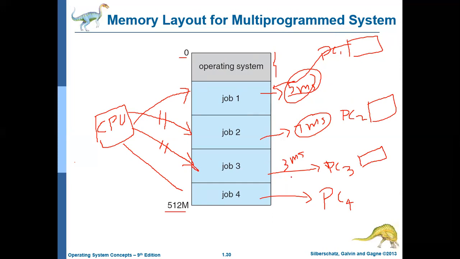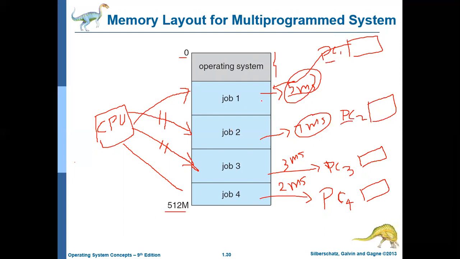After completing that round for job 3, it may check the value stored in PC4, and keep checking PC4 for another 2 milliseconds, executing whatever value is in that program counter. So here PC stands for program counter.